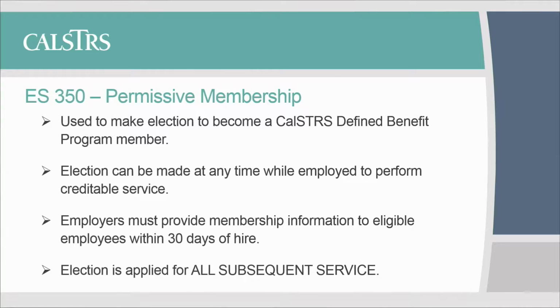And you as the employer must provide the membership information to the eligible employees within 30 days of the date of hire. This election applies to all subsequent service. So the CB 533 was per employer, the 372 is per position, and the 350 is basically all service, so across employers as well.